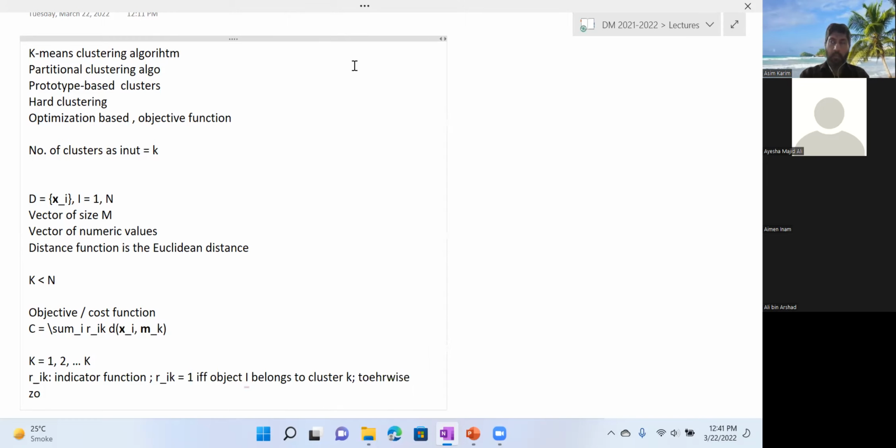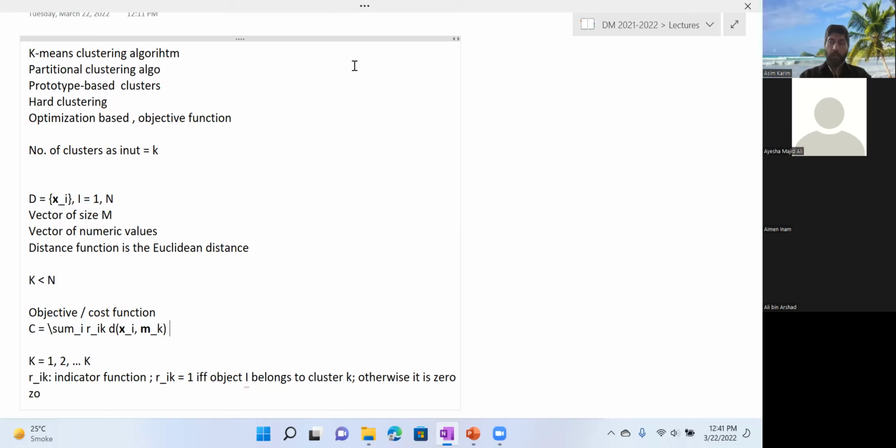Otherwise, it is 0. Okay, so it's a 1-0 function, indicator function. So essentially, now let's look back at the objective function, what is it doing?